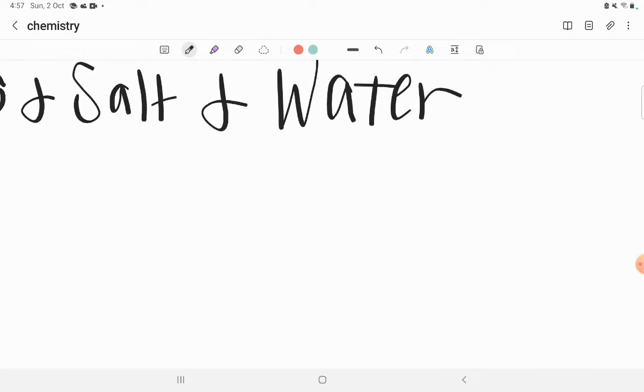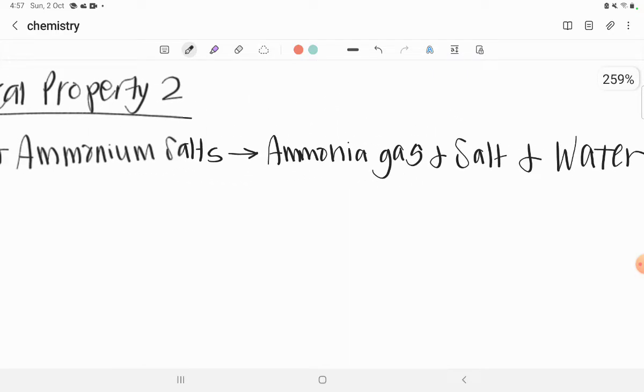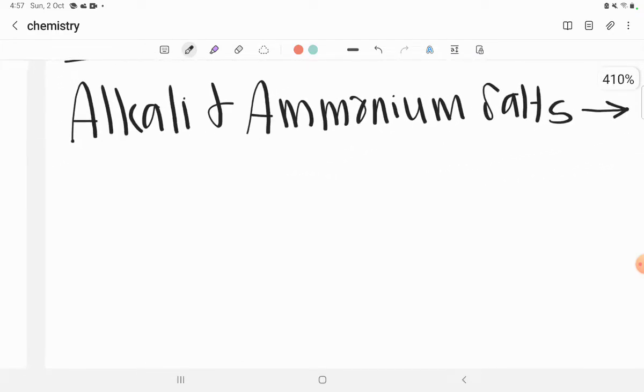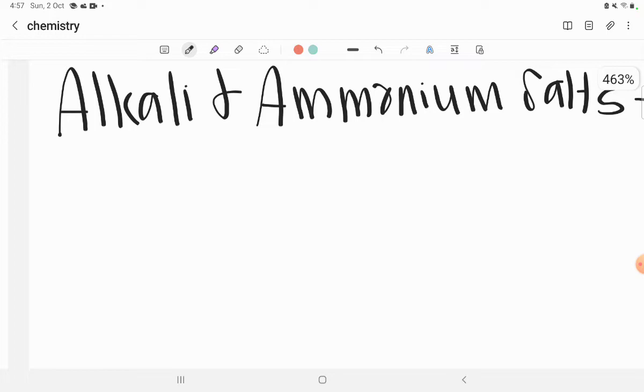Okay, what is an ammonium salt? It's basically anything that has ammonium in its name. Okay, what are the 4 ammonium salts that they will most likely give?